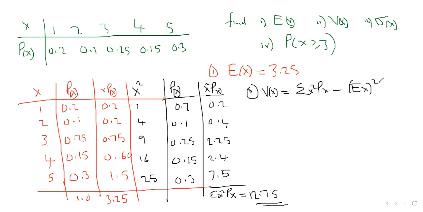So 12.75 minus 3.25 squared, which is 10.56.